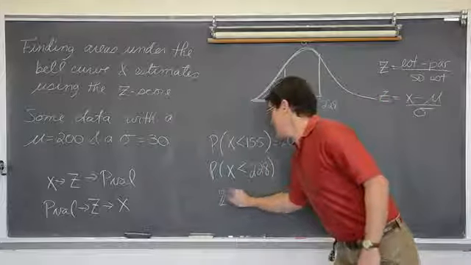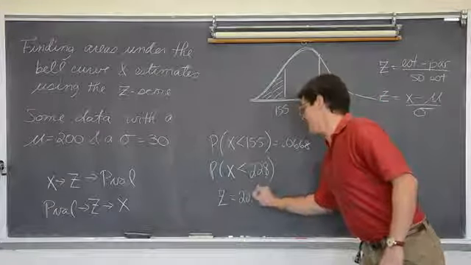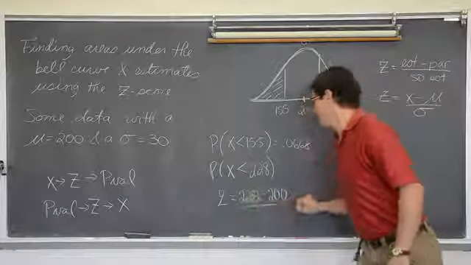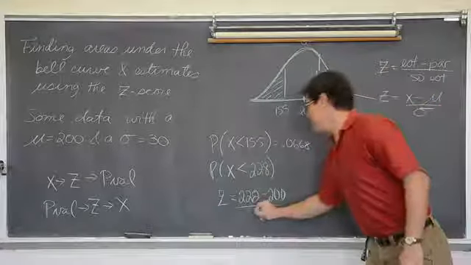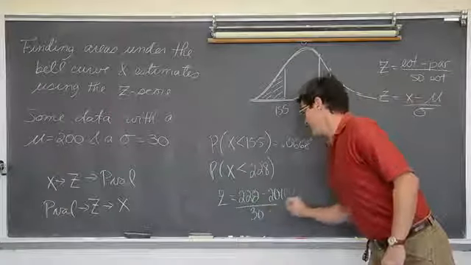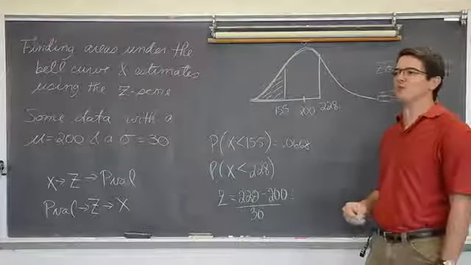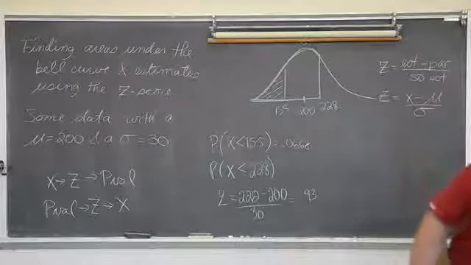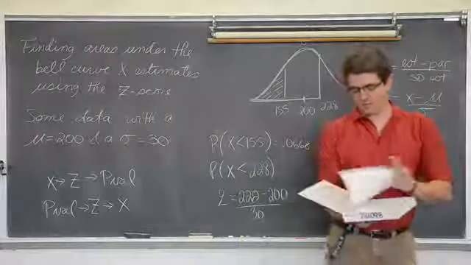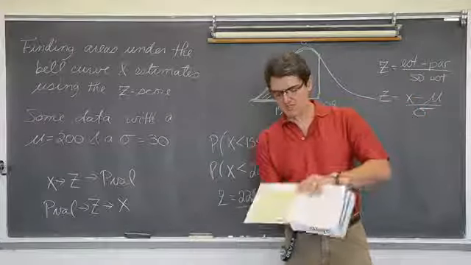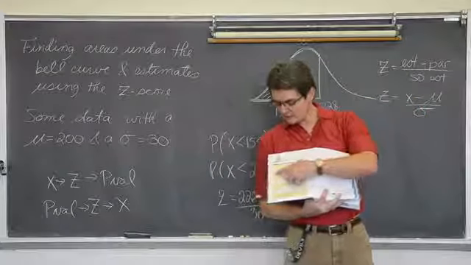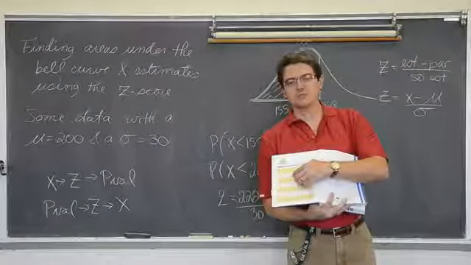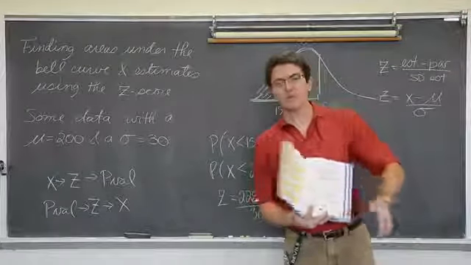So z equals 228, the question, minus the parameter, which is 200, divided by, this is the center of the bell curve, divided by the standard deviation of 30, and that gives me a z-score of, drum roll please, 0.93. And on your z-score chart, on the part that has the positive z's, you go down to 0.9 on the z column, go over to the hundredths column of 3, and you'll find your p-value.